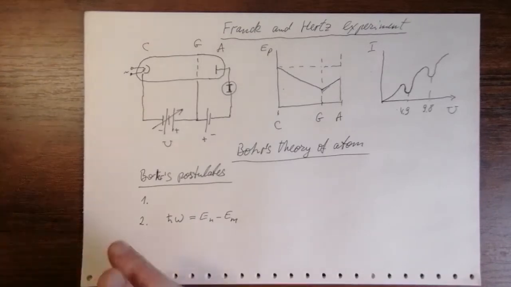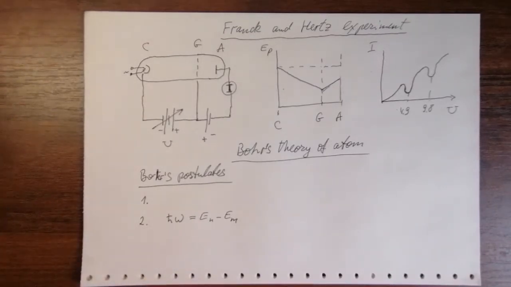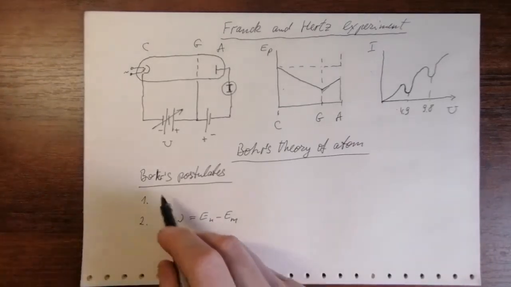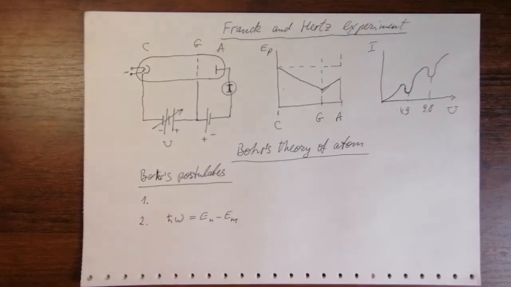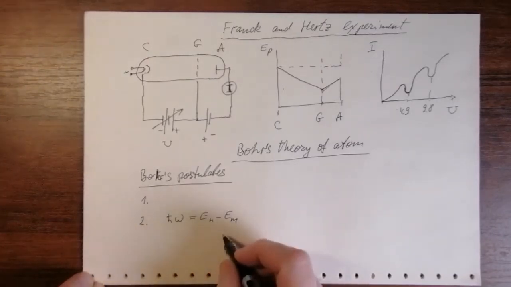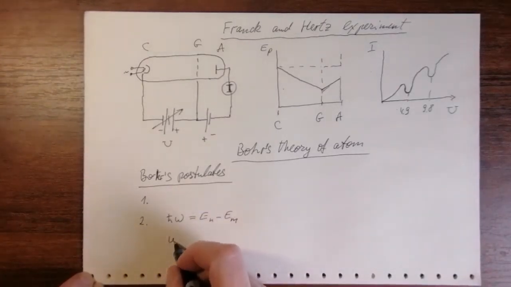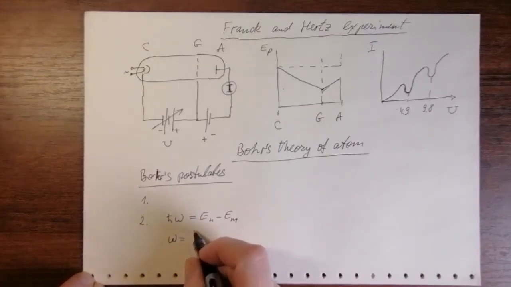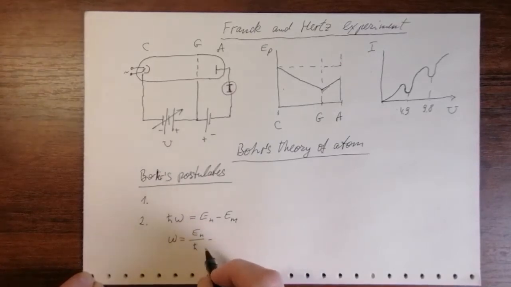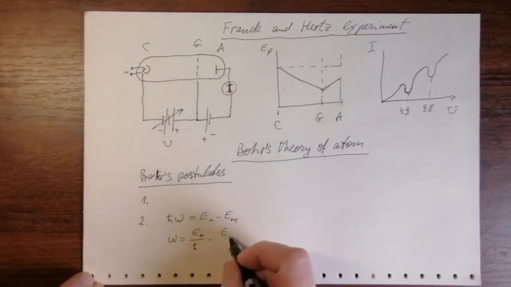Well, if we have these postulates, from this it follows that omega is En divided by h minus Em divided by h.